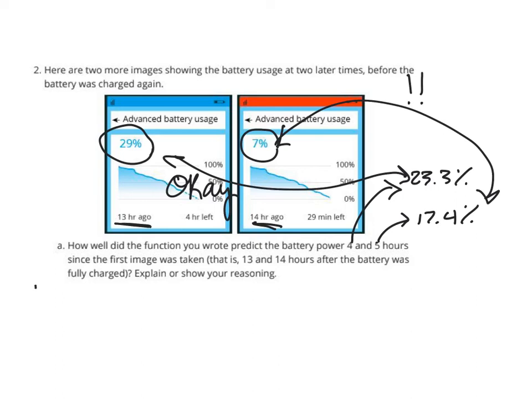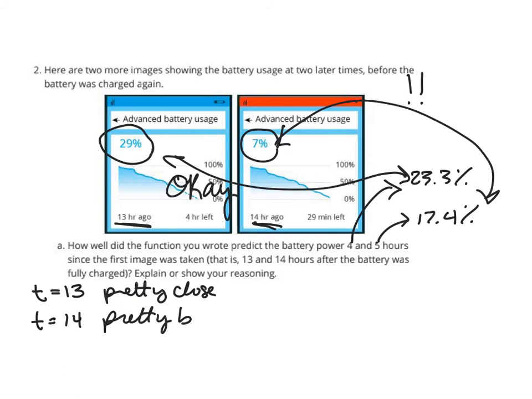My opinion is for t equals 13, pretty close. And then for t equals 14 is pretty bad. I'm not sure it was linear there at the end.